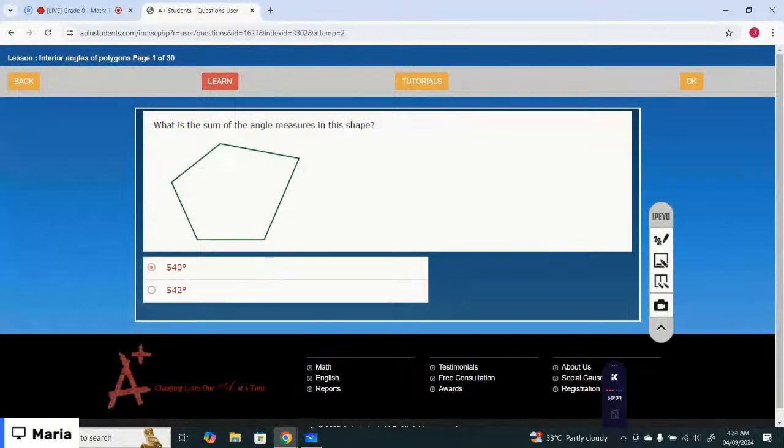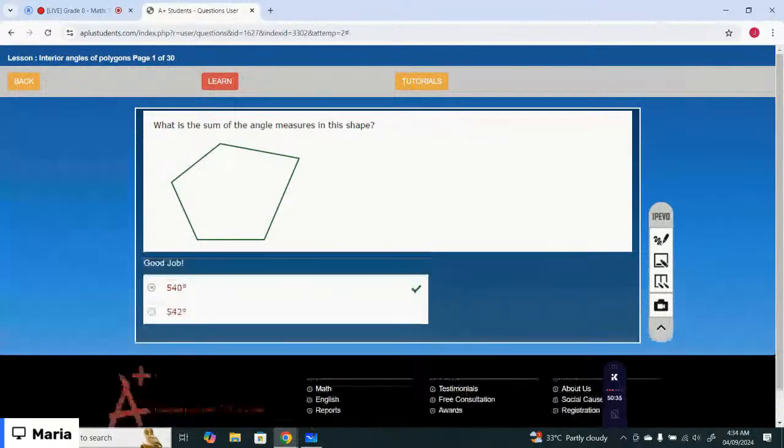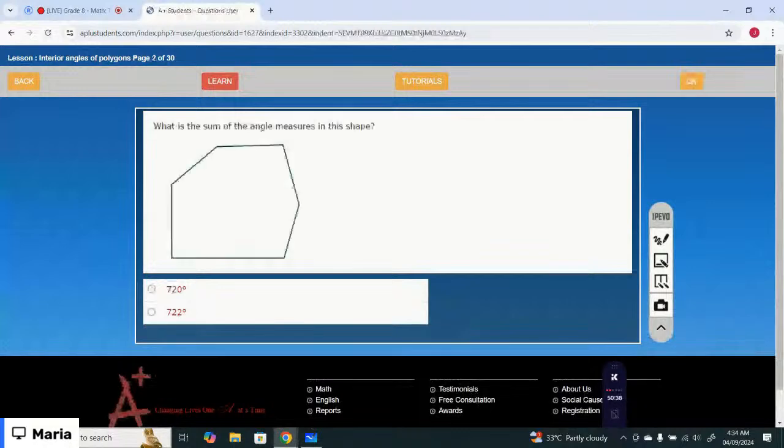The shape has three triangles and 3 times 180 is 540 degrees. What is the sum of the angles measured in the shape?